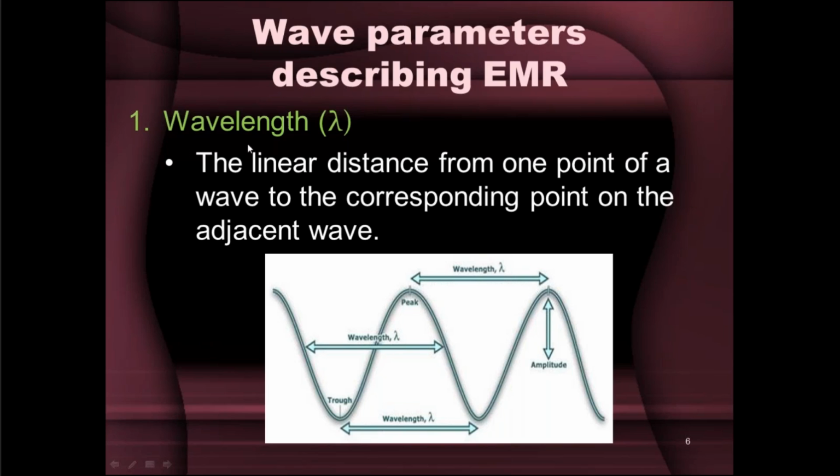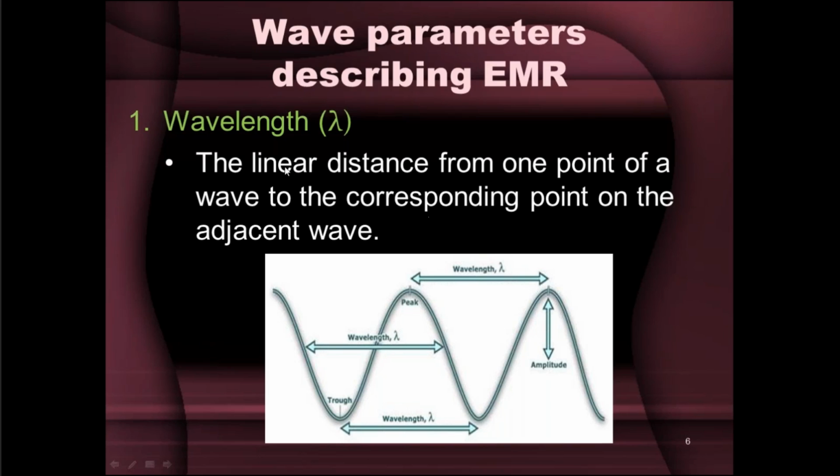The first one, most commonly used, is the wavelength. It is denoted by the Greek letter lambda. So wavelength is denoted by lambda. Lambda stands for wavelength. What is wavelength? The best way to define wavelength would be the linear distance from one point of a wave to the corresponding point on the adjacent wave.